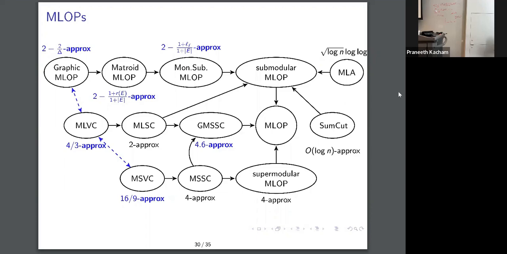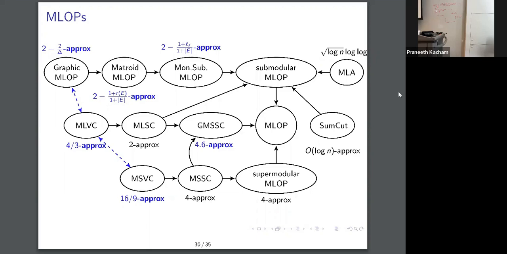So Iwata et al. showed that supermodular MLOP is 4-approximable using the same algorithm that Feige, Lovász and Tetali provided. And it is interesting that this case is concluded because they also showed that minimum sum set cover is not approximable better than a factor of 4. So that case is concluded. But the submodular case is further open.